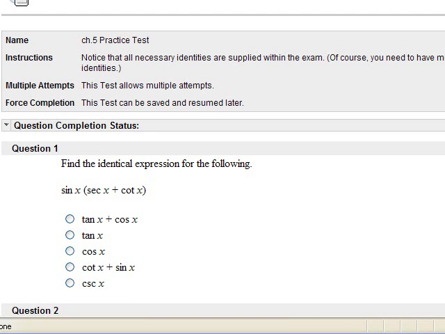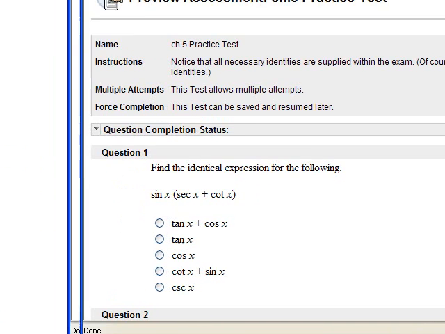So this first one here is find the identical expression for the following: sine times secant plus cotangent.